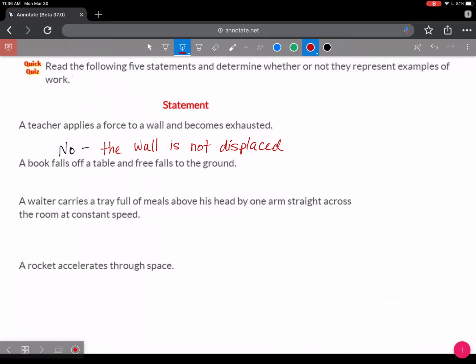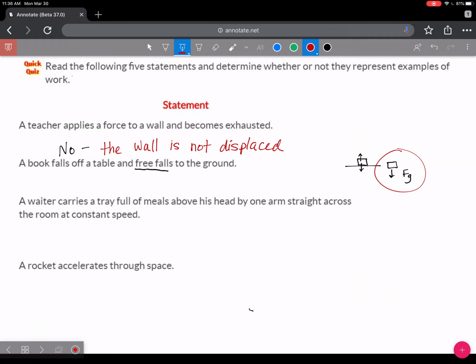A book falls off a table and free falls to the ground. I'm going to just draw a picture for this one. Remember that the book had that down force, and it had that up force when it was on this table. But if it falls off the table and just falls freely, there's no longer an up force to stop it from falling.